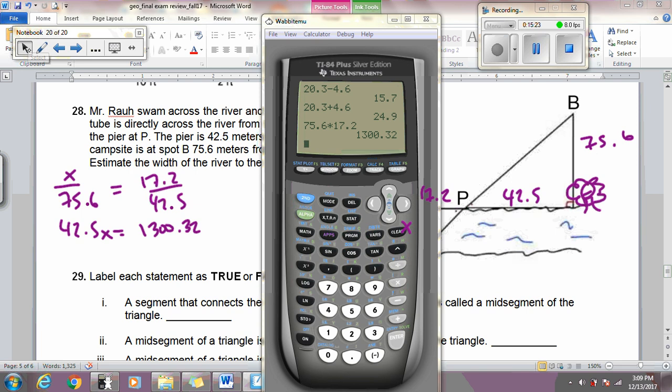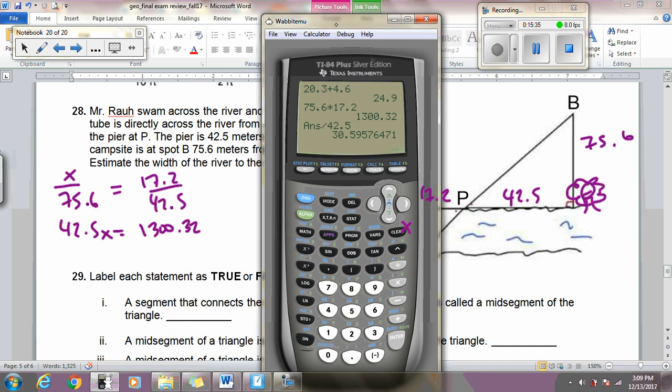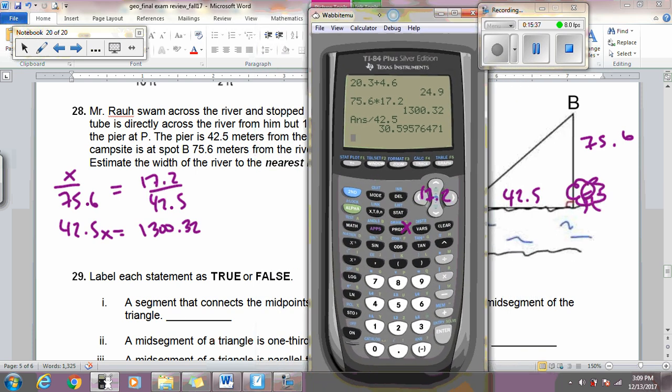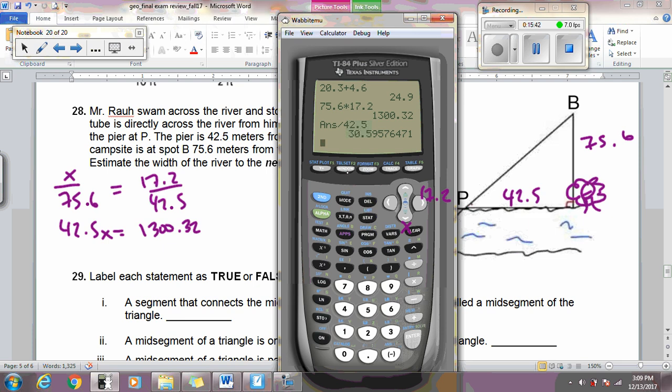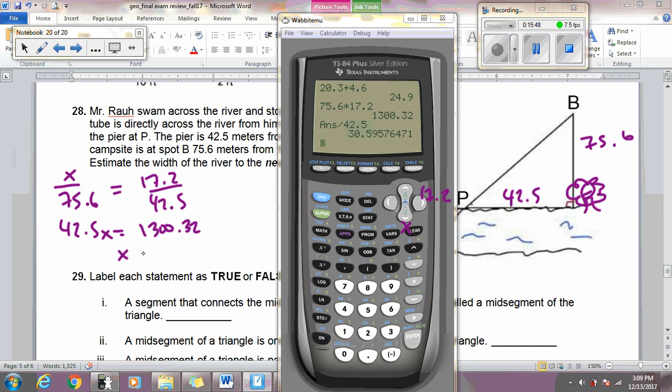And now we're going to divide by 42.5. And it said to the nearest meter. So the 0.5 will round it up to approximately 31 meters. So x is approximately 31 meters.